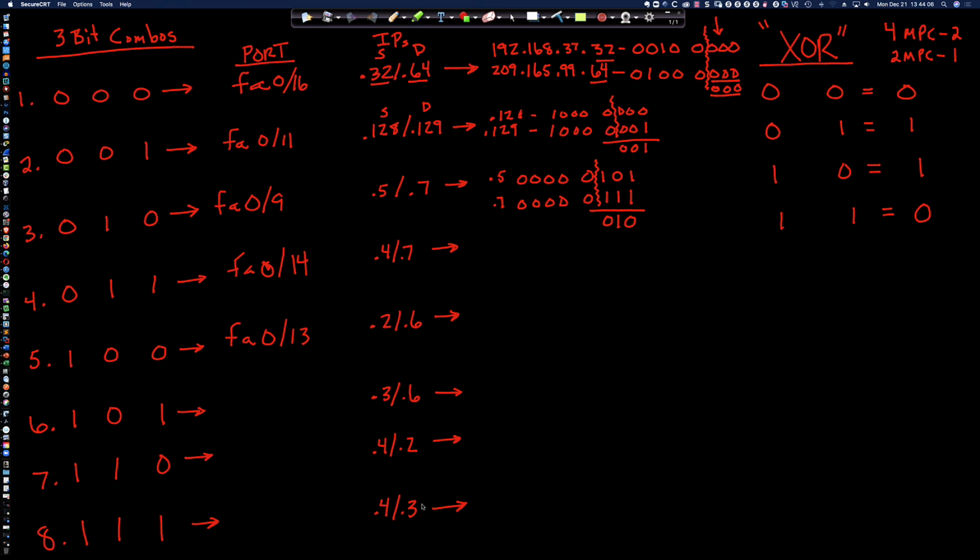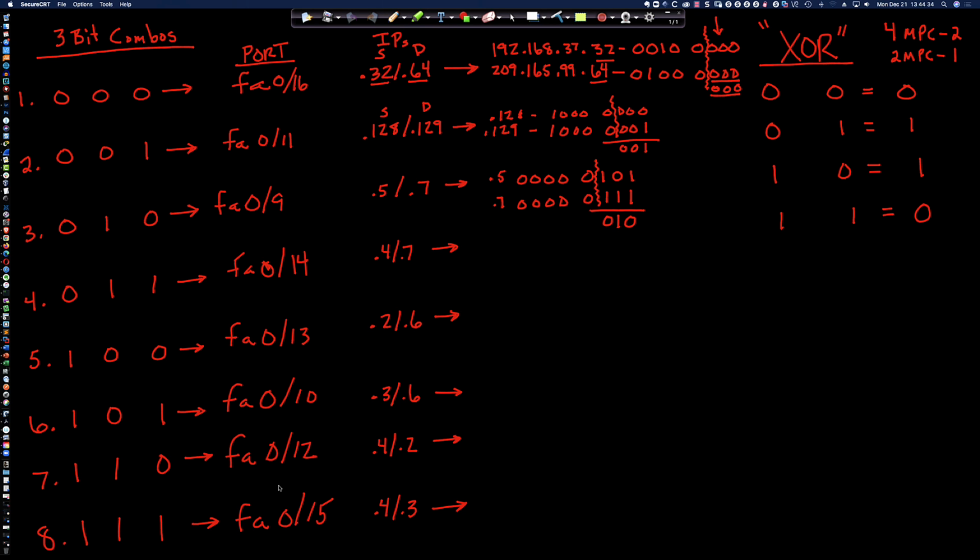And we know what the result of that is going to be, because we've already computed it based on the values that we had. 010. And then 110 is going to be Fast Ethernet 0/12. And then finally, this guy, 111, if this is the XOR result, is going to go over Fast Ethernet 0/15.